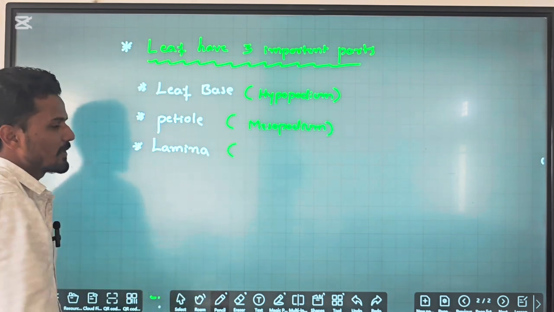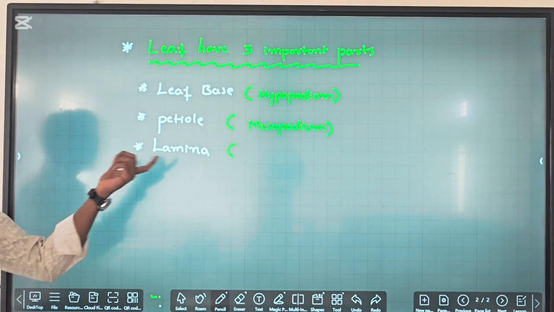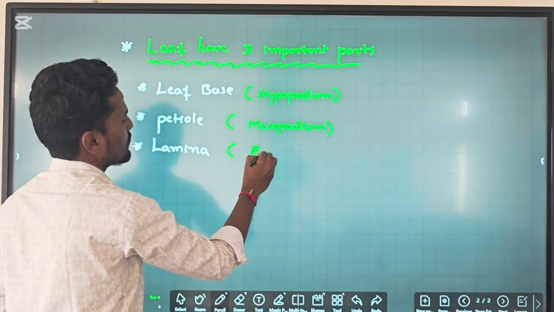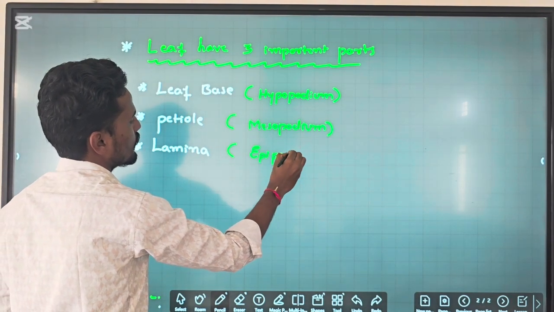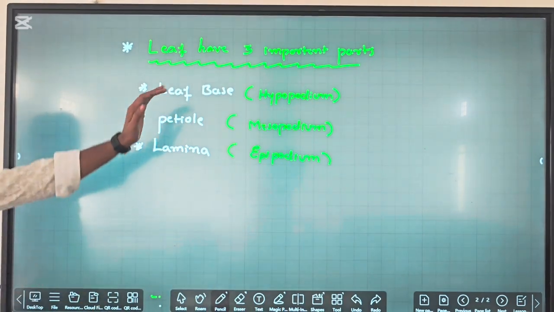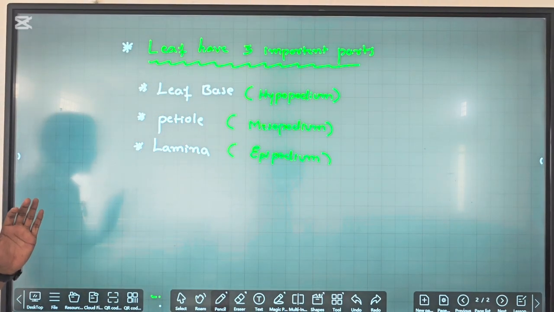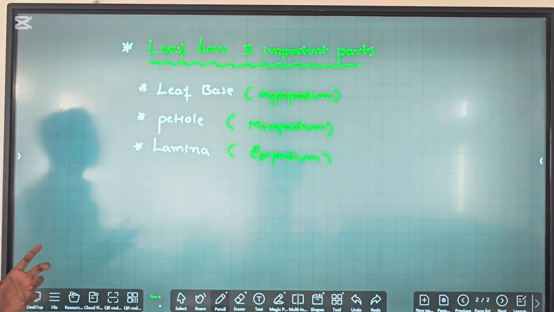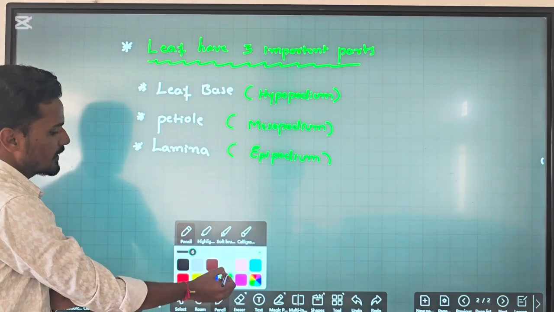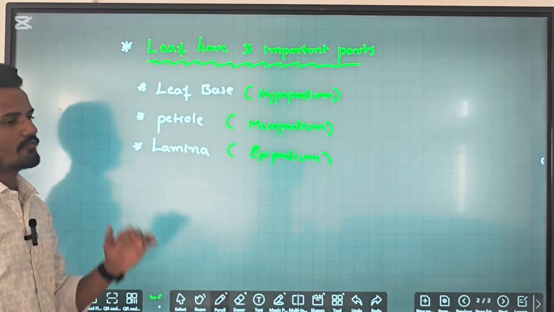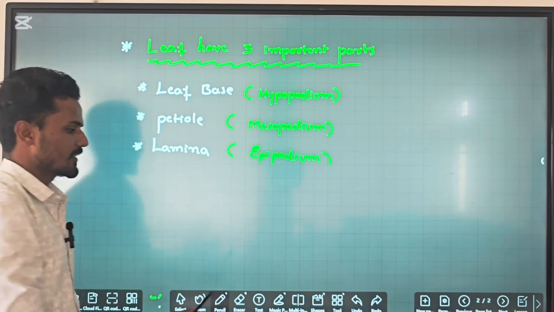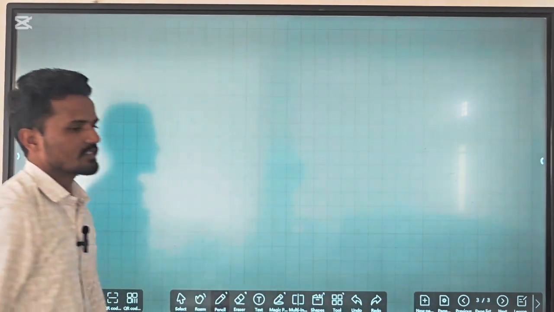Next, lamina, the very important portion of the leaf, is called epipodium. So these three are important portions in a leaf. We are going to discuss these three different portions diagrammatically in the next slide. We'll see that. So let's start.